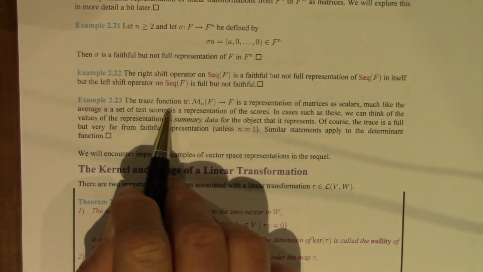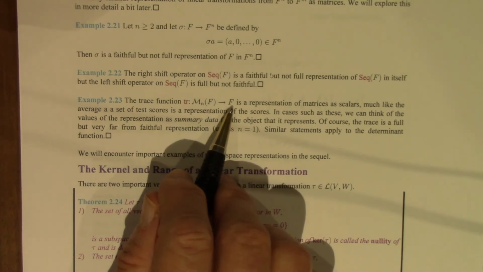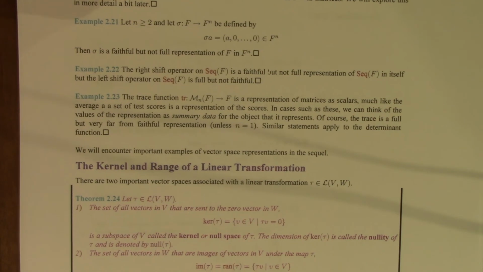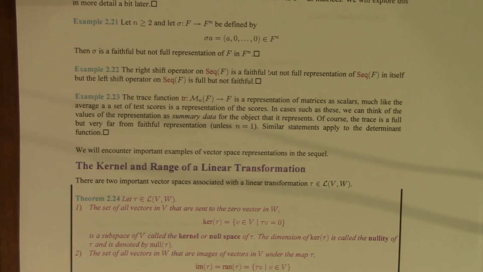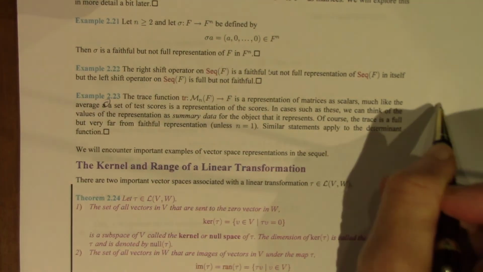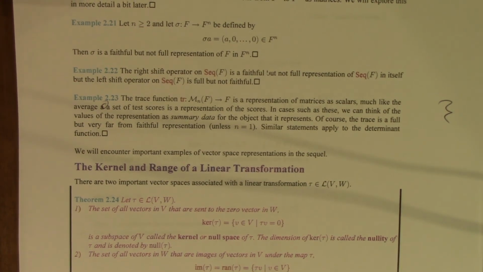The trace function that sends a matrix to its trace, the sum of the diagonal elements of a square matrix. This is a representation of matrices as scalars. It's much like the representation of a set of test scores by using their average.